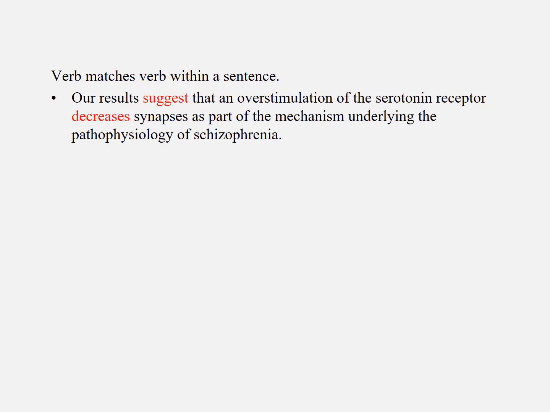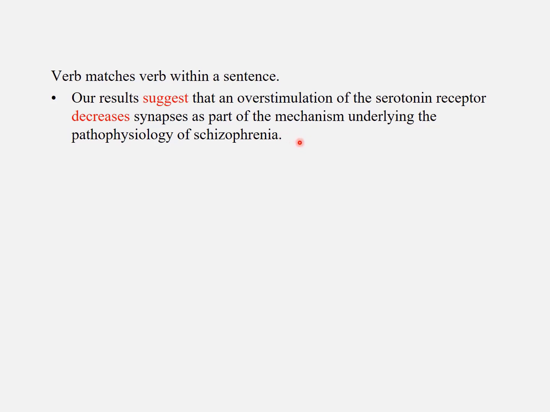Here is a sentence. I want to use this sentence to explain that the verb needs to match the verb within a sentence. We're talking about the same thing. You see here, our results suggest that an overstimulation of serotonin receptor decreases synapses as part of the mechanism underlying the pathophysiology of schizophrenia.